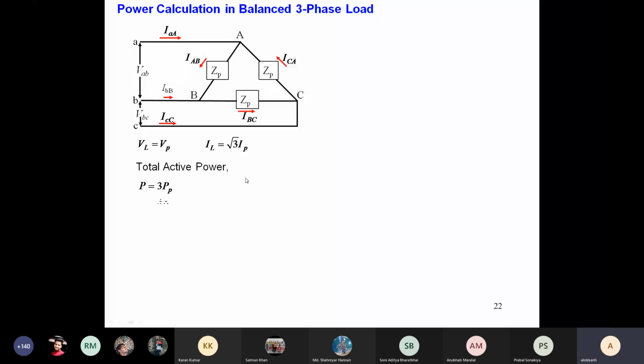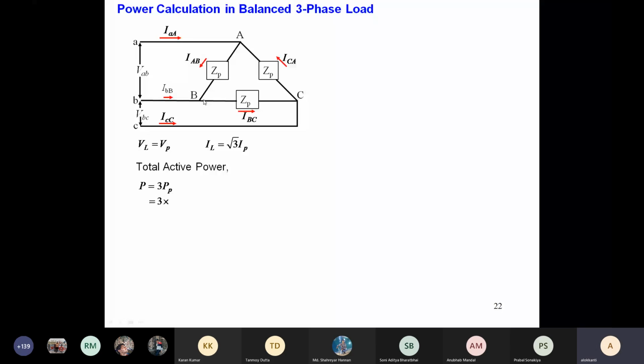Can you please explain once why VL is equal to VP? Tanmay, you should be able to visualize it. Say VL, this is VAB, this entire voltage is getting applied to capital AB, which is the phase.